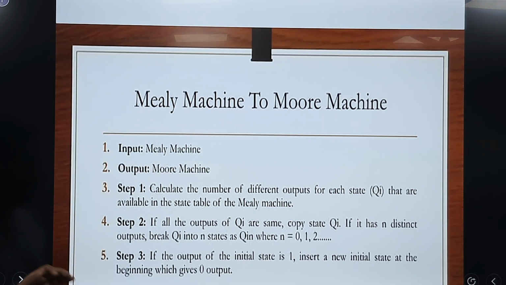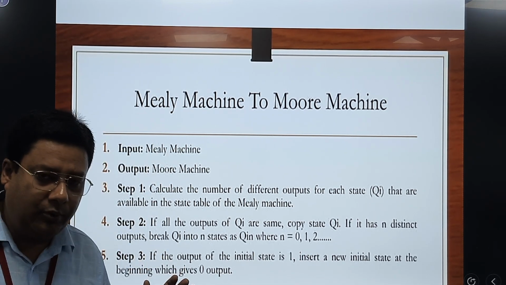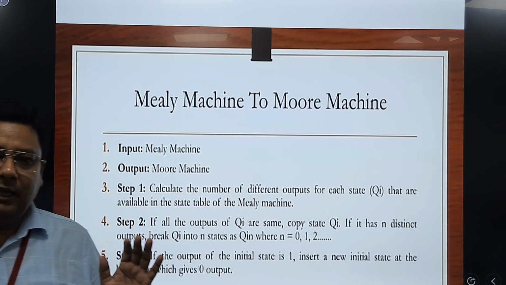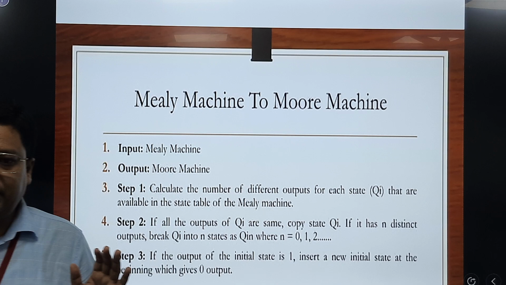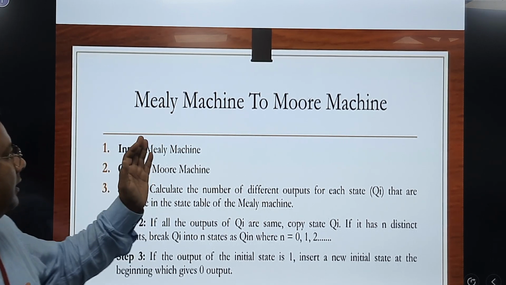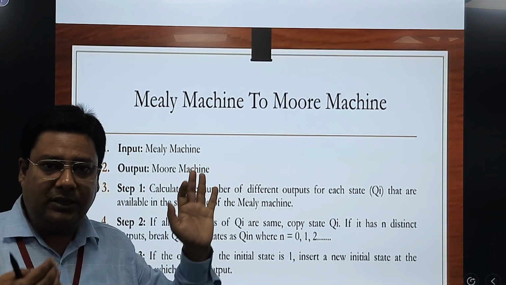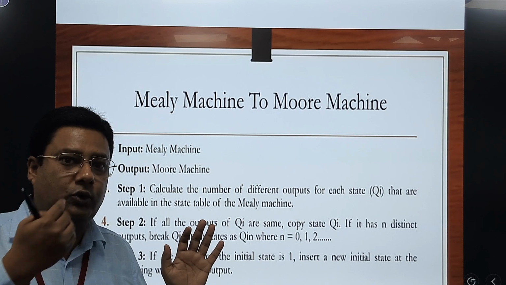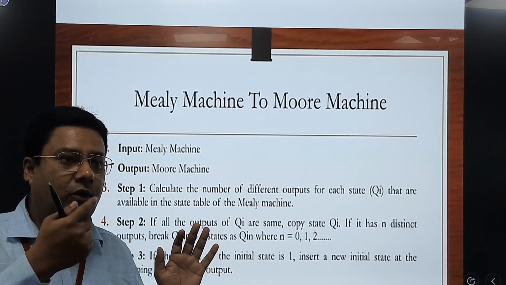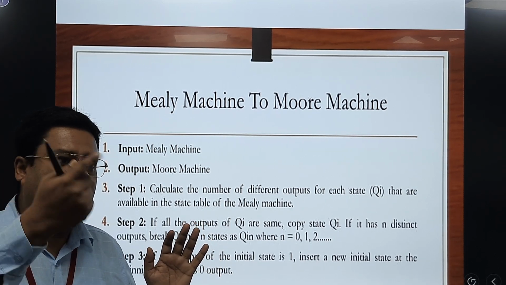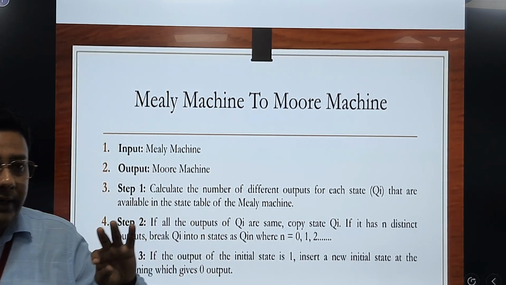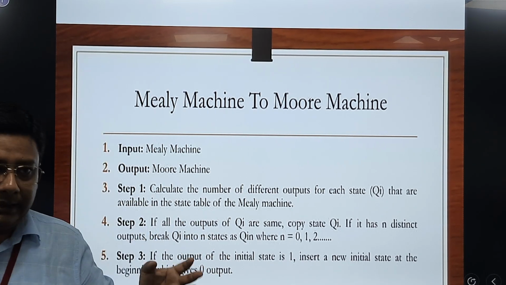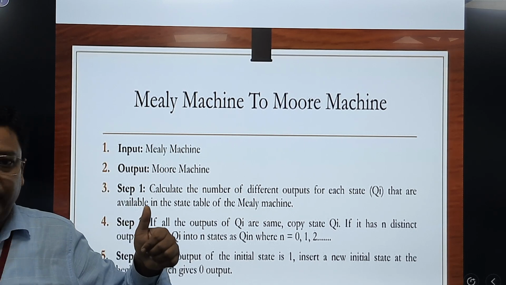So what we are doing here: suppose at Q0 we are changing the output in the Mealy machine. Suppose at the same time we are getting two outputs, at Q0 we are getting 0 and also 1. At that moment, what will we do? We will convert Q0 into two parts, in the 0 format and the 1 format.